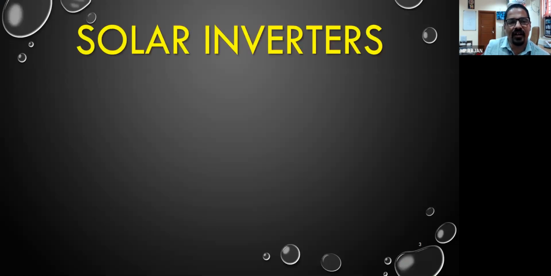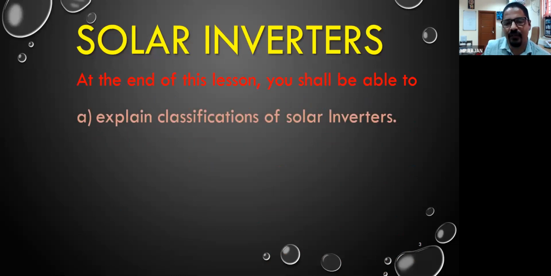So today's class is about the solar inverters, which is a very important component of a solar power system. Today we will discuss the classification of solar inverter. So what are the classifications of inverter as per the use and purposes?